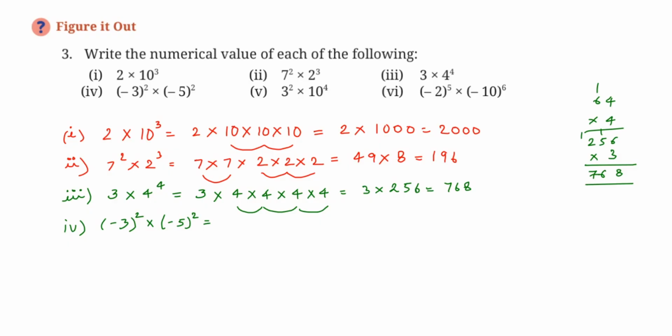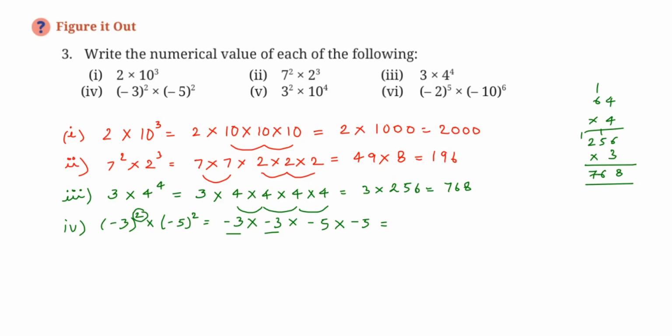But if you're multiplying a negative number an odd number of times, then your product will have a negative sign. Remember that. So here we have minus 3 times minus 3, multiplied 2 times. Similarly, we're multiplying minus 5 2 times. Here the power is 2, and 2 is an even number. This means the answer will be positive.